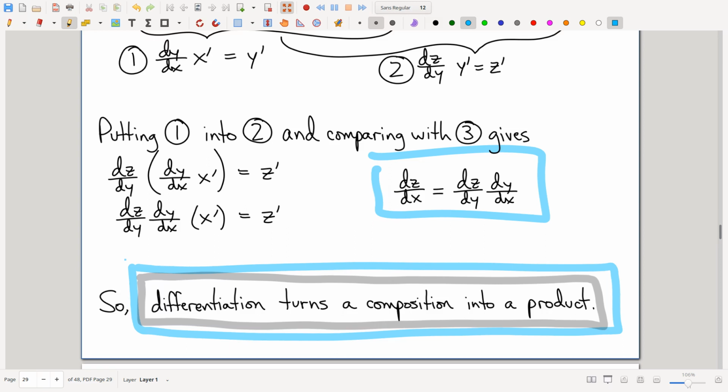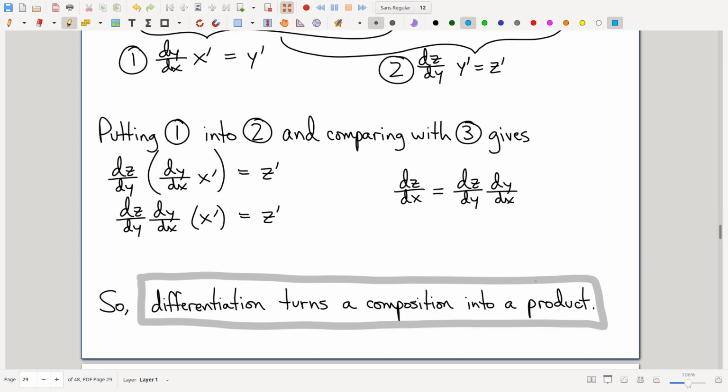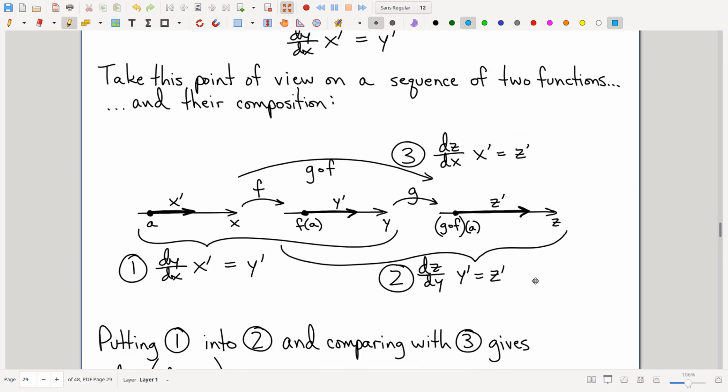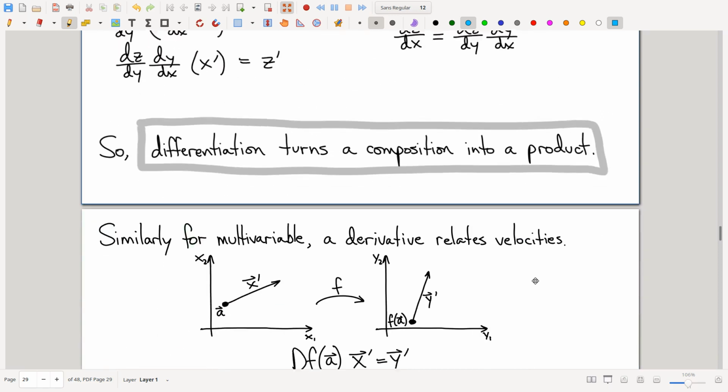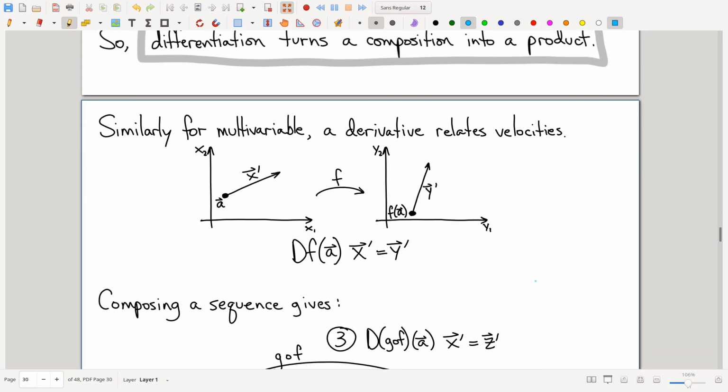So you can think of it as differentiation turns compositions into products. That's just convenient language. It's not a critical point. Okay, all right. So with this perspective in mind, a sequence of two functions gives a composition, gives a product of factors. Let's do the same thing now in a multivariable context.